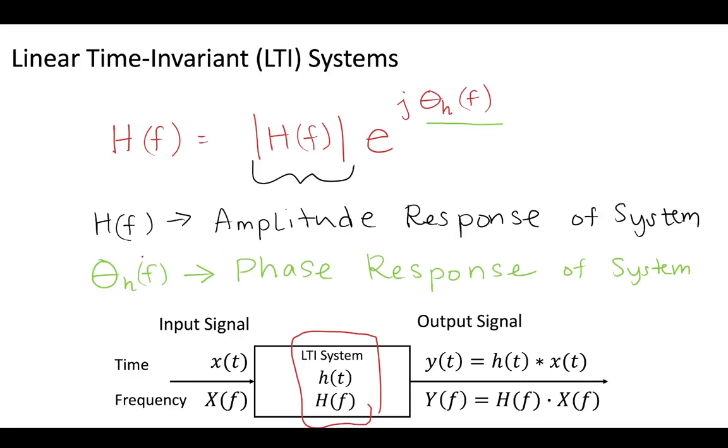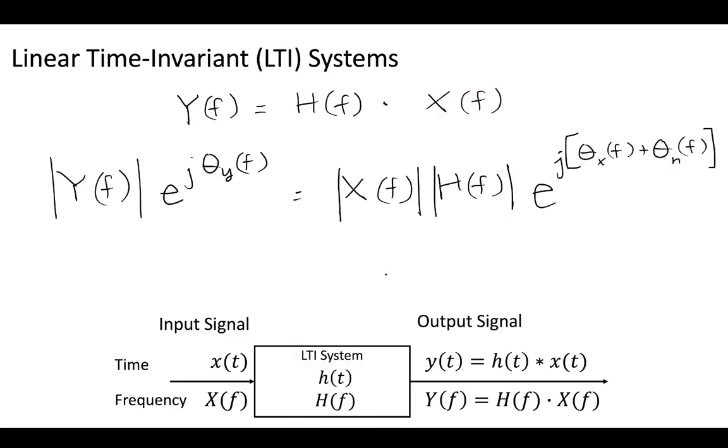When we write it this way, we consider this part to be the amplitude response, and we consider this angle to be the phase response of the system. So we can characterize a system with a transfer function, and the transfer function we can further break down into amplitude response and phase response.